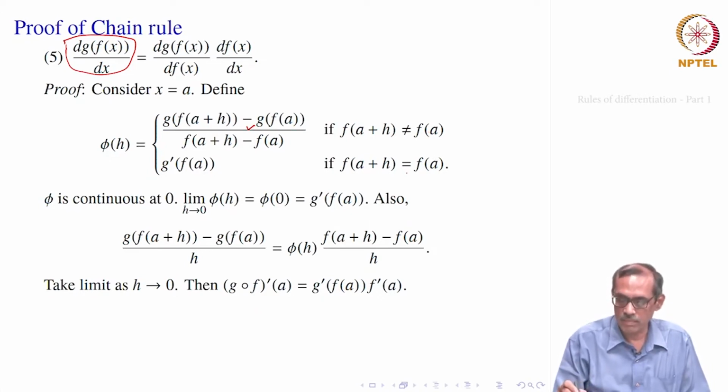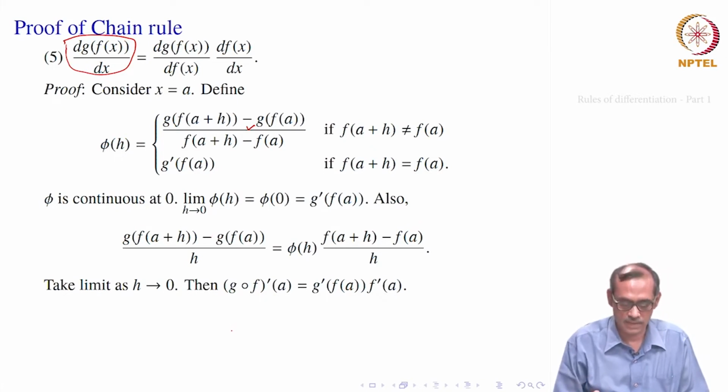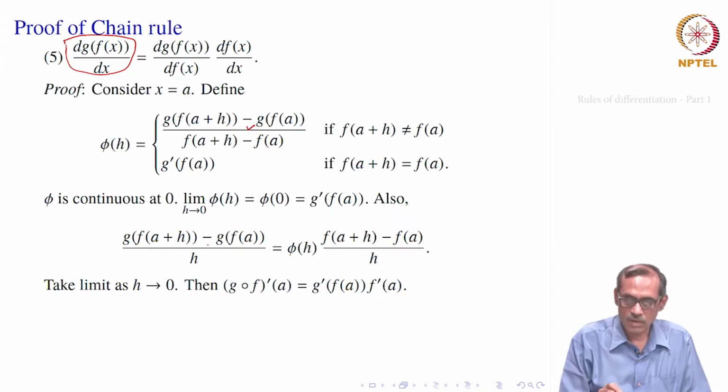If f of a plus h equals f of a, then the right side becomes 0 and the left side is again 0. So, this formula is true in any case. Now, we are of course interested when h is not equal to 0. In that case you take limit h goes to 0.